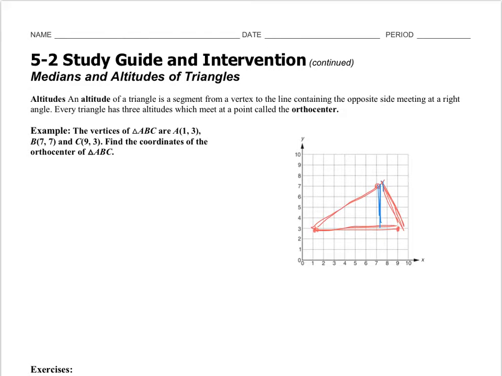And then my other one has to be from, let's say I'm going to go from point A here. This is point A, this was B, and this was C. So let's go from vertex A to segment BC. To do that, I need to start with the slope of BC.